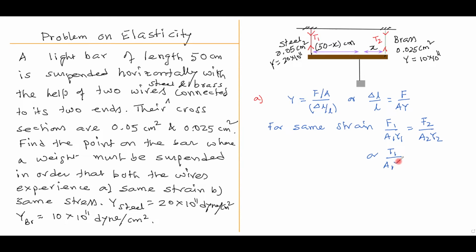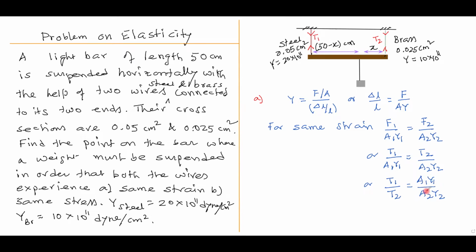T1 is the tension for example in steel wire, and T2 is the tension for example in the brass wire. Or T1 by T2 equal to A1 Y1 by A2 Y2.